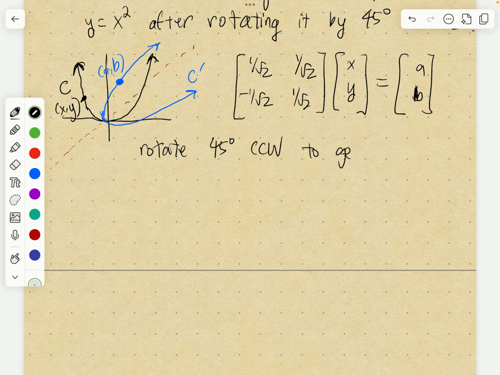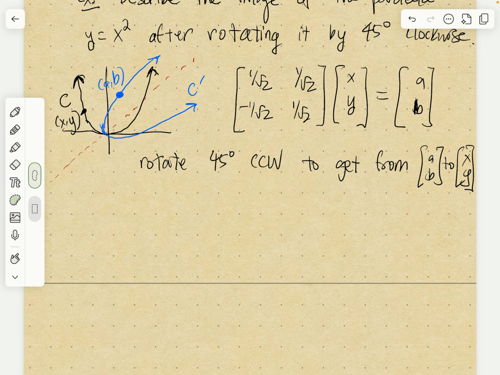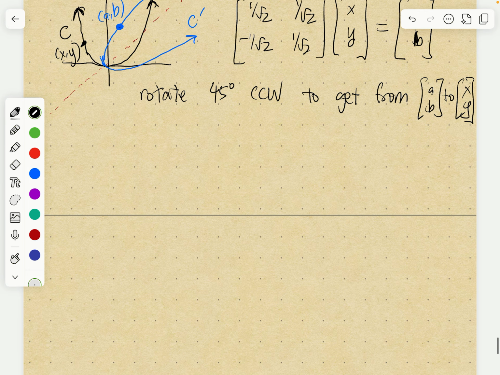To get from AB to xy. Because if you started with xy and then rotated by 45 degrees clockwise to get AB, then to go back, you would rotate by 45 degrees counterclockwise. So let's write the same relationship, but in terms of what you do to get from AB to xy.